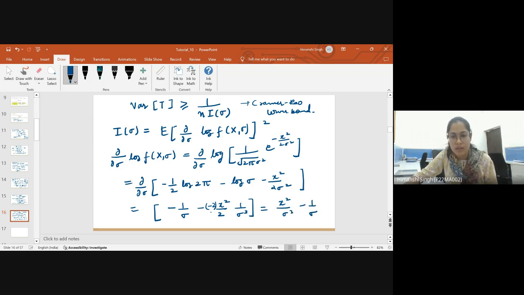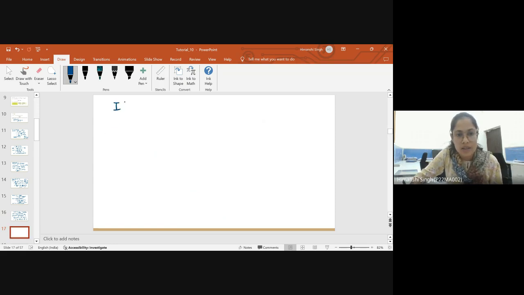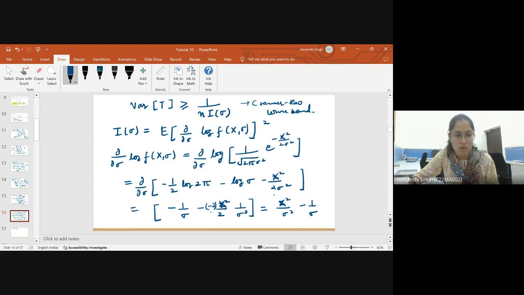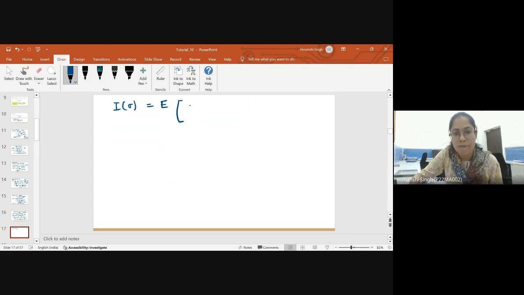This x square I'm taking as capital X because this is basically a random variable. So we need to calculate the expected value of this square. So I sigma will be the expected value of x square upon sigma cube minus 1 upon sigma, whole square.